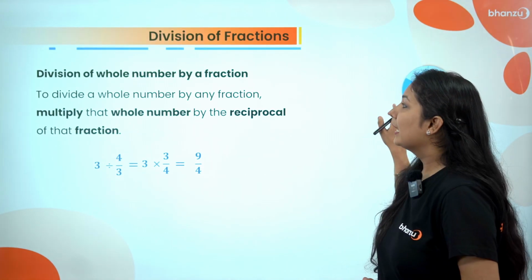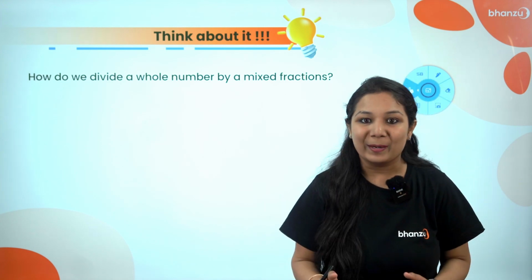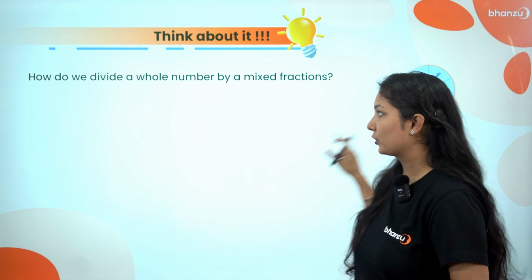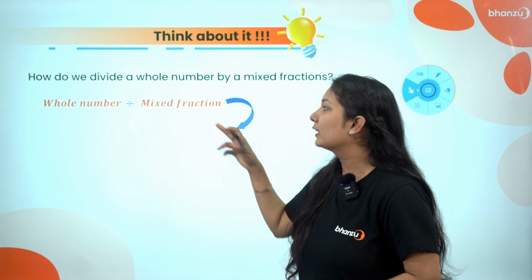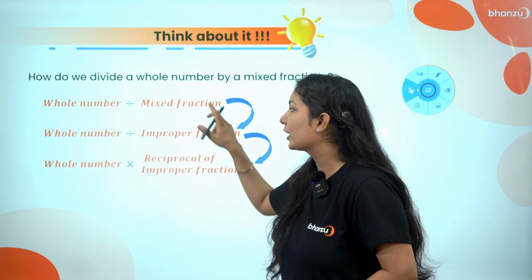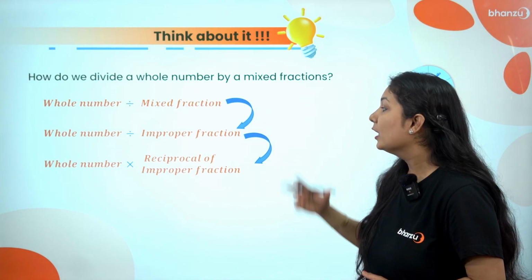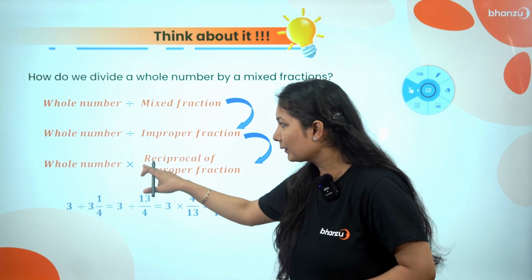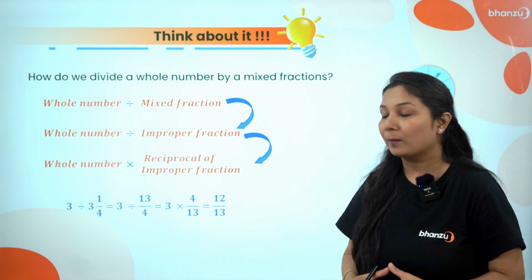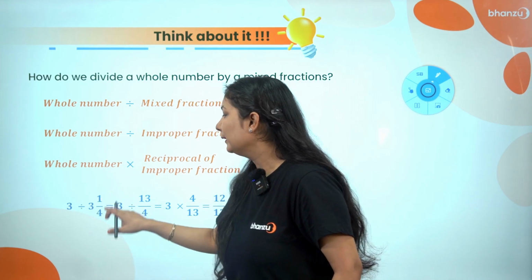Let's move ahead and see how we divide a whole number by a mixed fraction. Everybody knows how to convert a mixed fraction into an improper fraction, right? A whole number divided by a mixed fraction tells you to convert the mixed fraction to an improper fraction, and once you get the improper fraction, you take its reciprocal so that we can multiply it with the whole number, right? Let's see an example: 3 divided by 3 1 by 4.